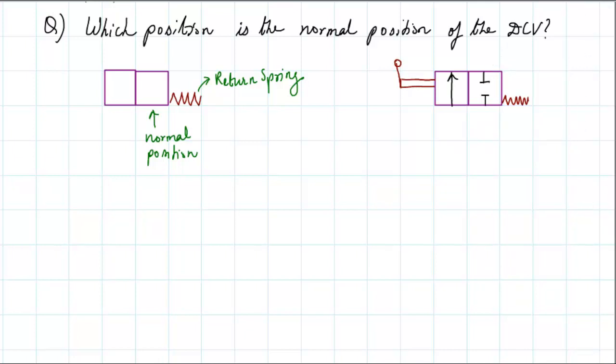If I push this lever towards this side, the spring will get compressed and this position will be the current position. Whereas if I leave the lever, then because of this return spring, the original position will come back.